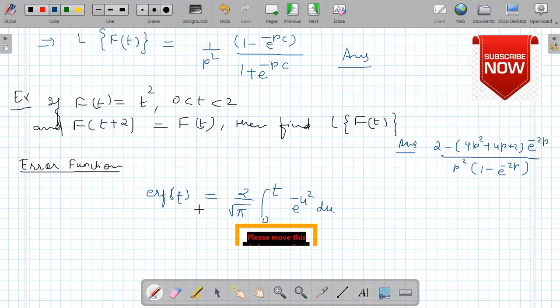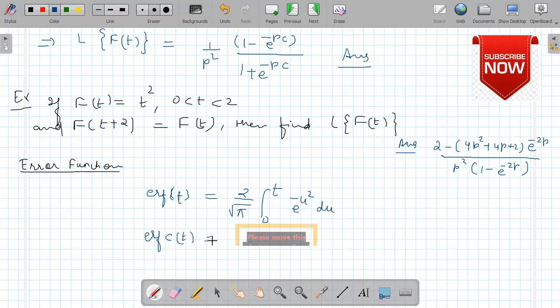Okay, so we find the Laplace transform of this function. Its complement is denoted by ERFC.